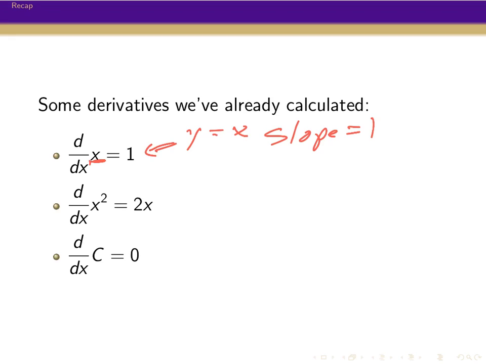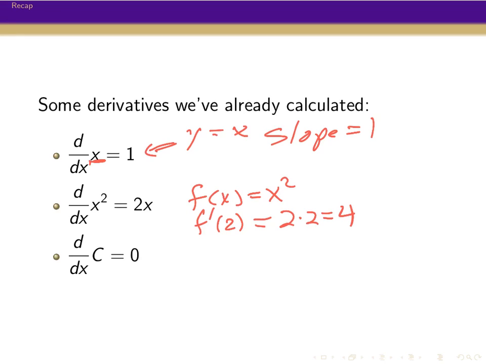So if we think about, what's the slope of x squared at x equals 2, and so if f of x is x squared, we want to know what's the slope of the function at x equals 2. Well, that's going to be 2 times 2, which is 4. And that's something we've done quite a bit in class.